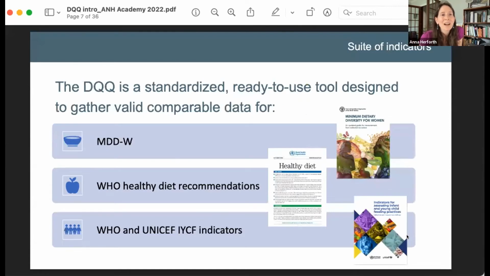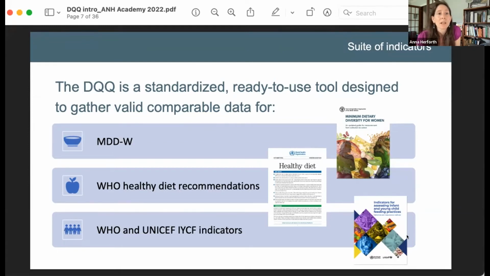The reason those food groups were selected was actually around the types of information that we want to get from the DQQ. Three of the guideposts for selecting the food groups and designing the questions were publications by the UN institutions around diet quality.